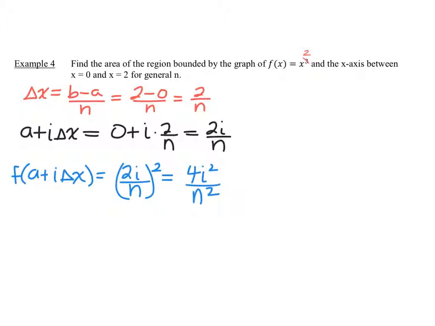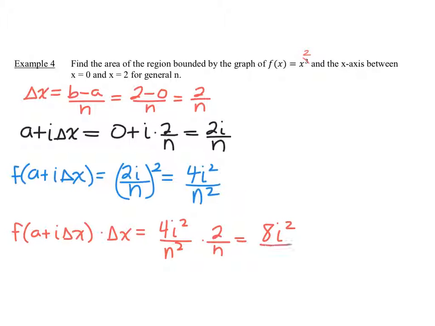Then I have to multiply that by delta x, and that'll give me the area of any arbitrary rectangle under the curve. So I have 8i squared over n cubed.